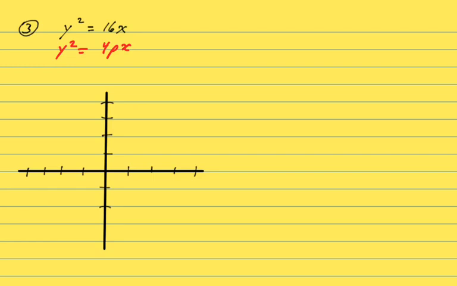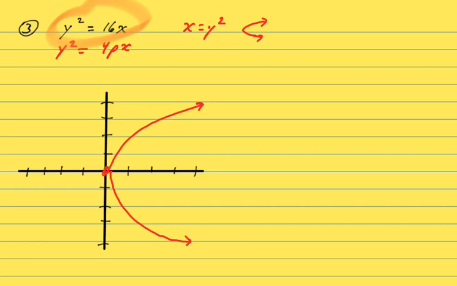Just marking off some points. Now, this is an x equals y squared, which means it opens to the right. So the vertex is at the origin, and it's going to open to the right.